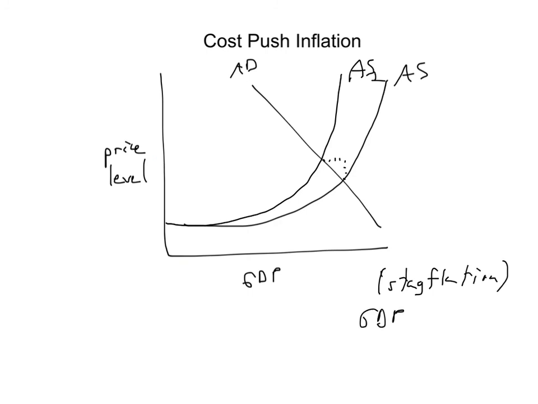GDP is lower, and the price level goes up, okay, which is inflation. It's cost push inflation. Because it's now costlier for businesses to produce the same amount as they used to make, and they have to pass some of those costs on to consumers in the form of higher prices.